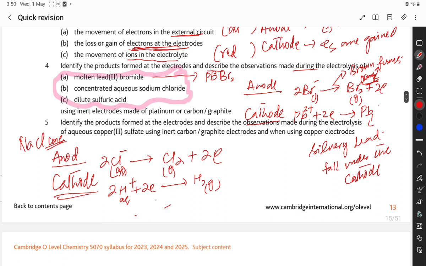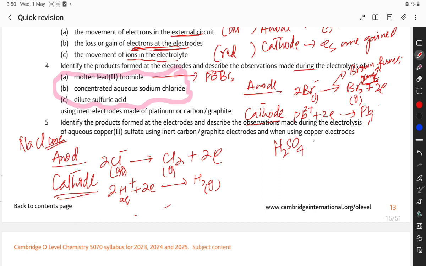Now dilute sulfuric acid, in case of dilute sulfuric acid, I write down over here, sulfuric H2SO4, dilute or concentrated same.